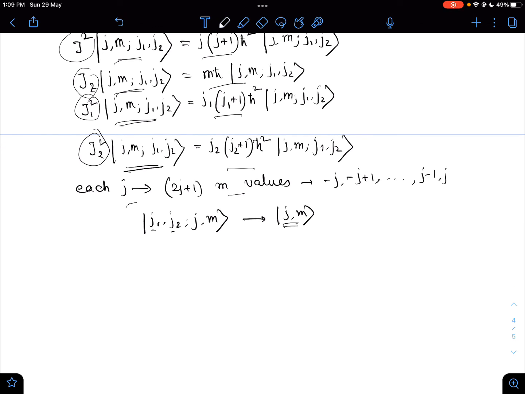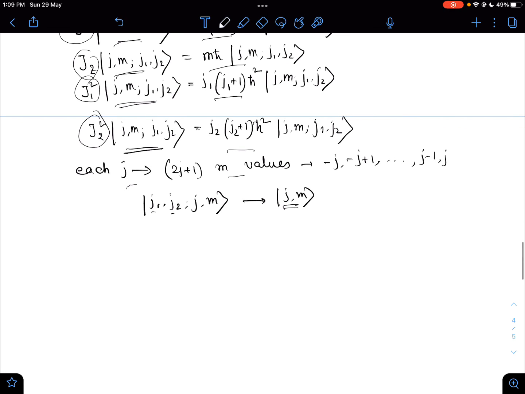Now this |J, M> spans the total space, so that means the states are complete and orthonormal.